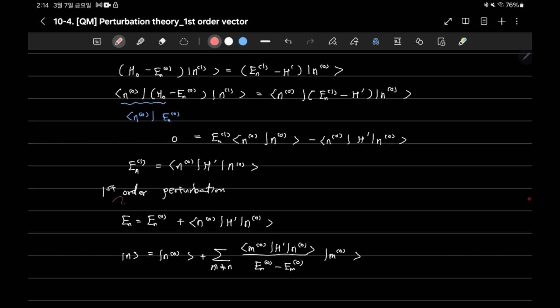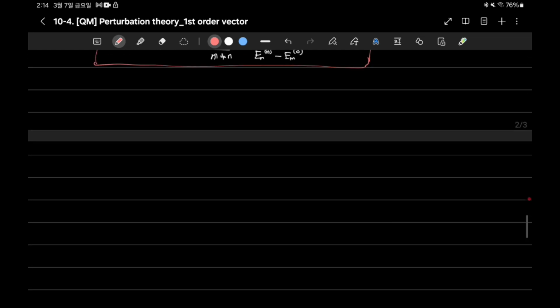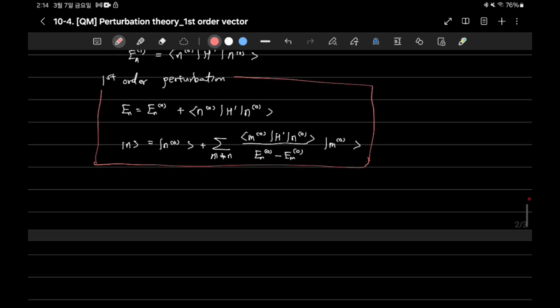And we should remind, it is very important here. So it is a general formulation of the first order perturbation theory.